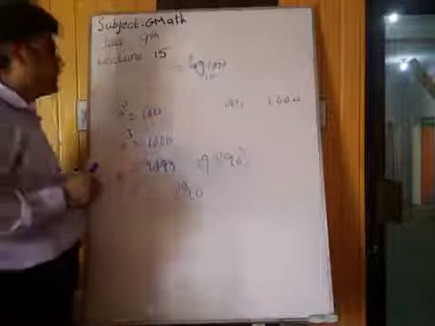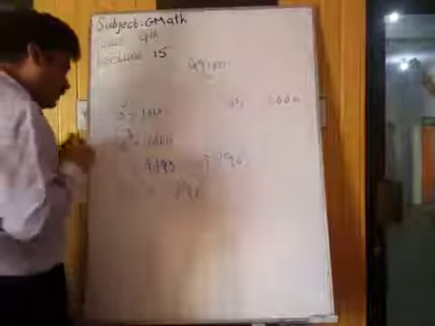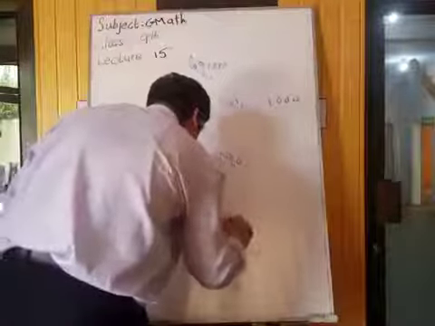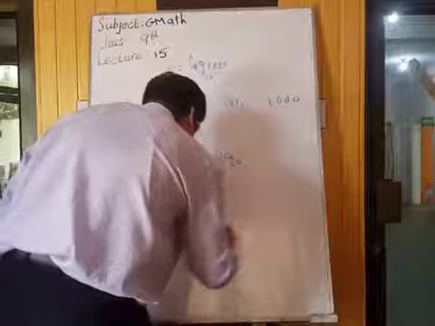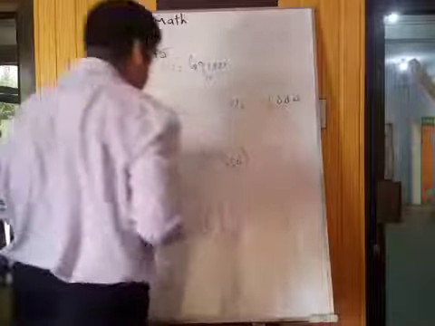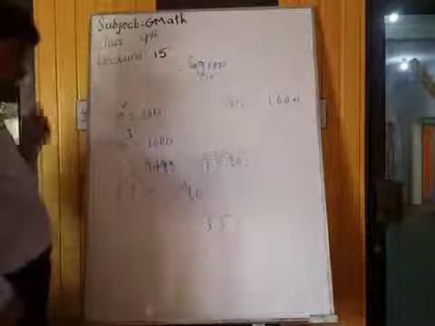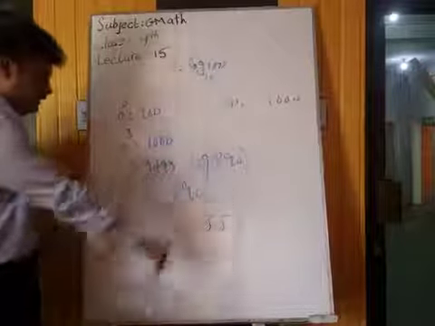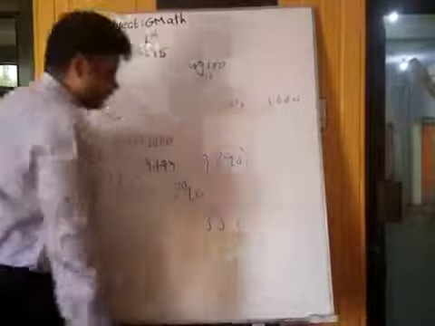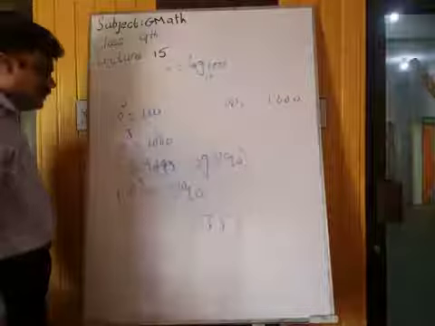The characteristic of any number, for example 235.356. For example, we have to find the characteristic of this number.